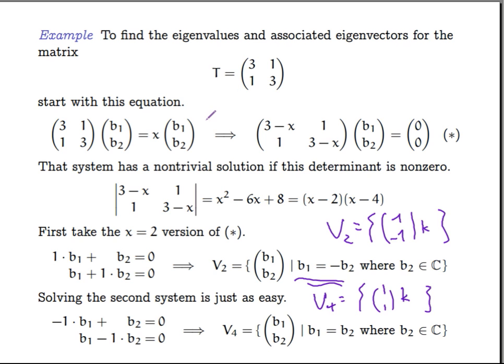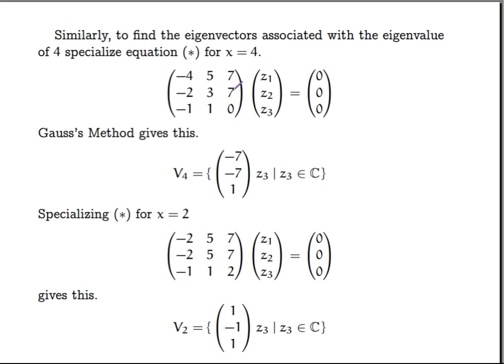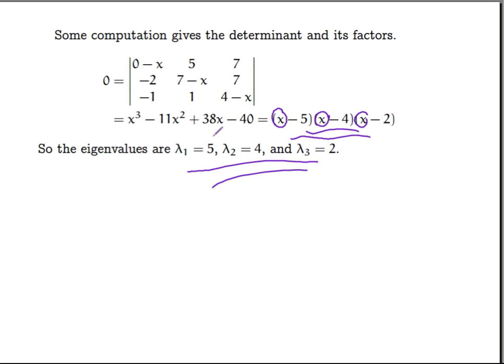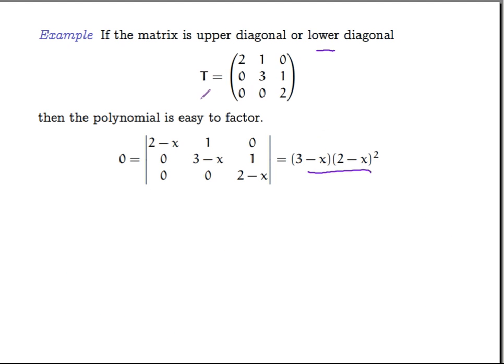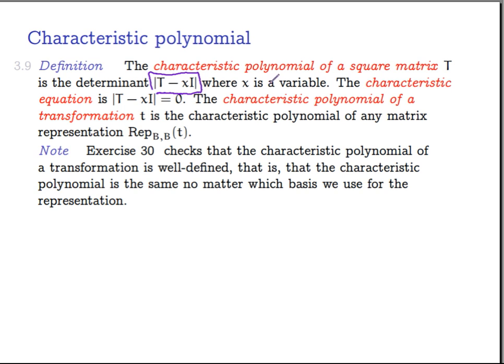So we've seen also that when you take this determinant, you always get a polynomial in x. So in order to make things simple, we define this polynomial as the characteristic polynomial of the square matrix T. Okay, so the characteristic polynomial is the polynomial you get when you take this determinant equation that determines the eigenvalues.